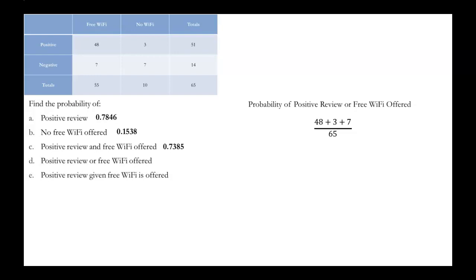We only want to count that once. So we'll do 48 plus 3 plus 7, all of that divided by 65. So 58 divided by 65 gives you a probability of 0.8923. So there's a pretty good chance, if you just pick a random hotel in this city, that it's either going to have a positive review or they're going to offer free Wi-Fi.